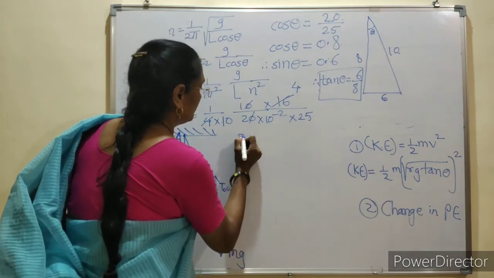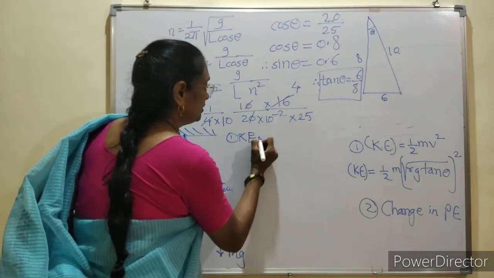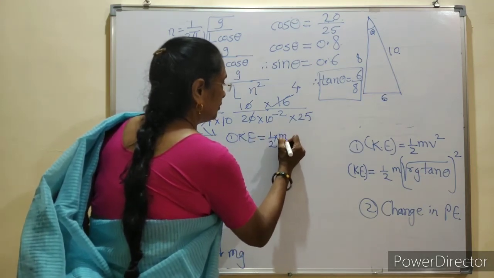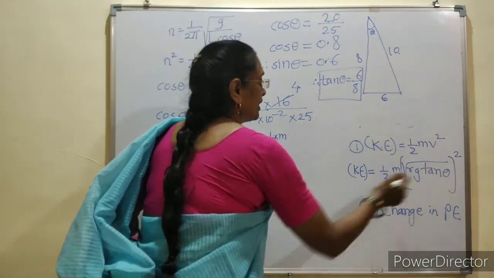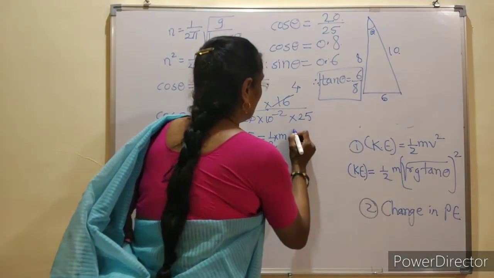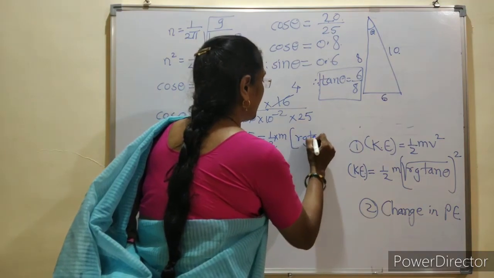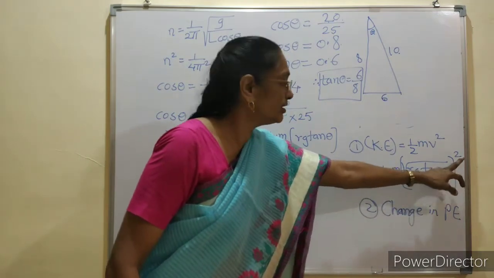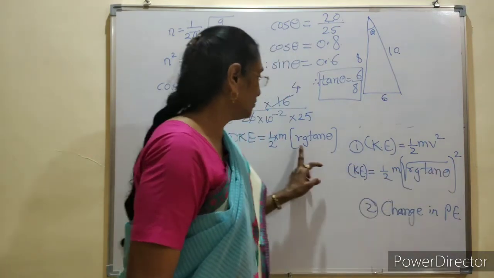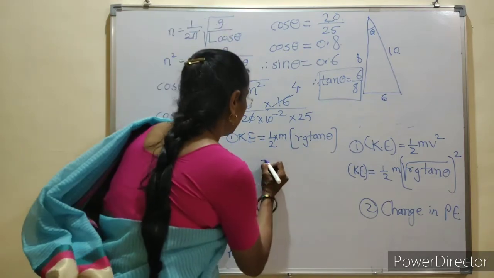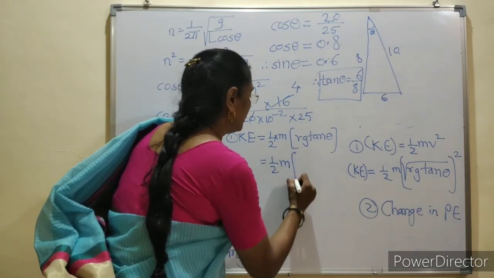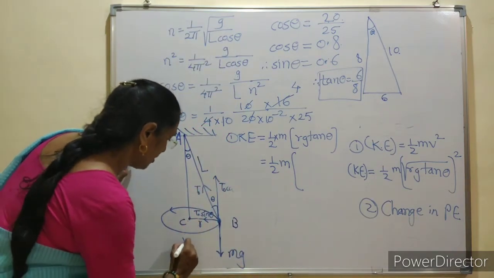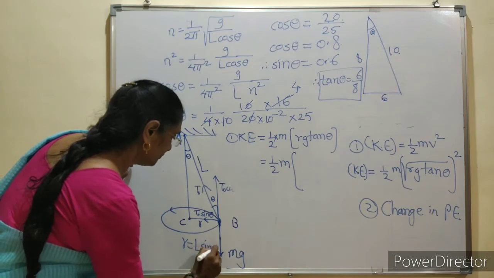So the kinetic energy can be half into m into r g tan theta. Here we write r g tan theta, the square of the square root. It is r g tan theta in the square root, and its square becomes r g tan theta. Here half into m. We know R is L sin theta. R is equal to L sin theta.